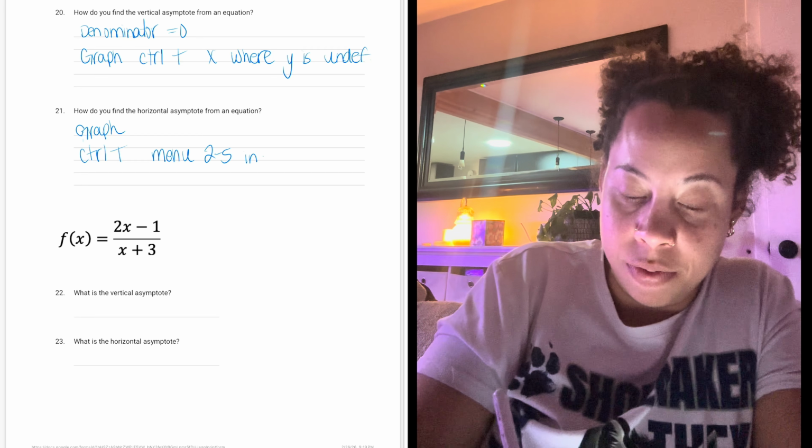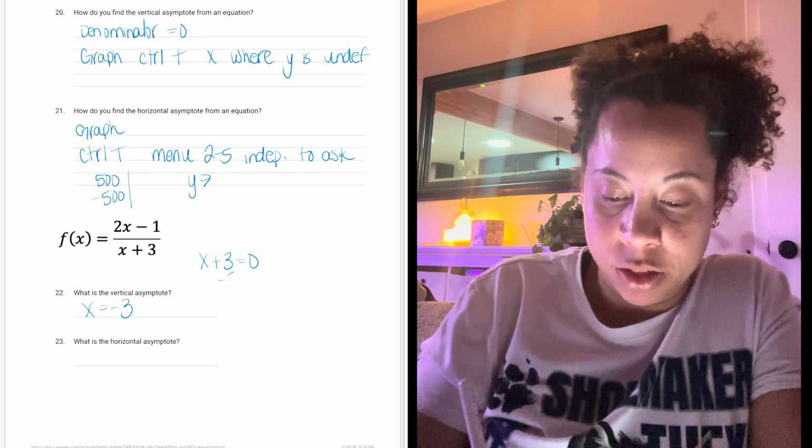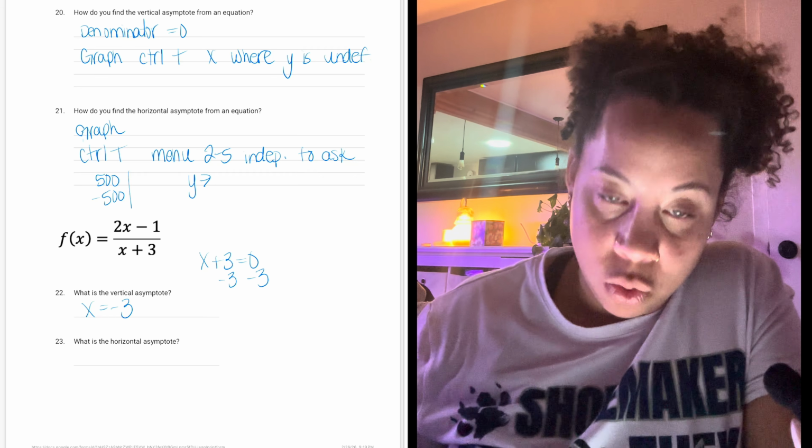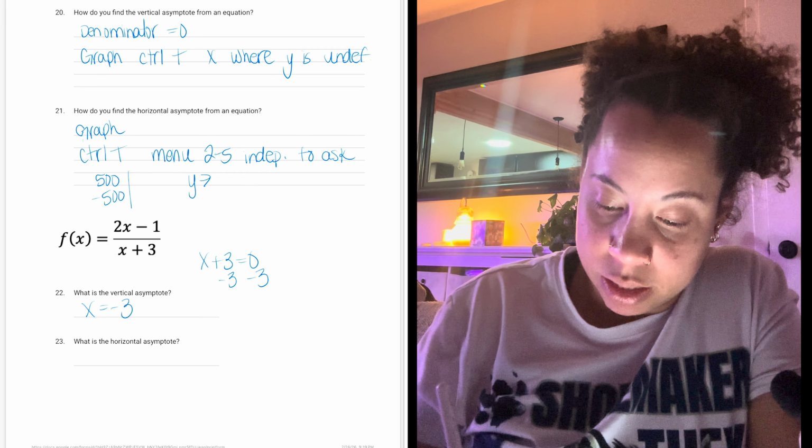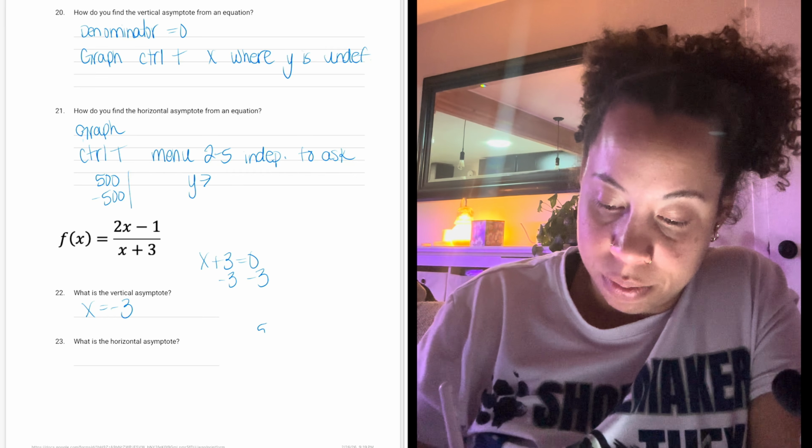Okay, so on this question here, what is your vertical asymptote? That's x equals negative 3, because that's when the bottom, the denominator, x plus 3 equals 0, when you minus 3 from both sides. Now for your horizontal asymptote, if you make a table at 500 and negative 500, these are getting really close to y equals 2.